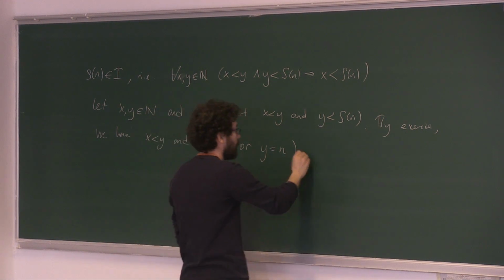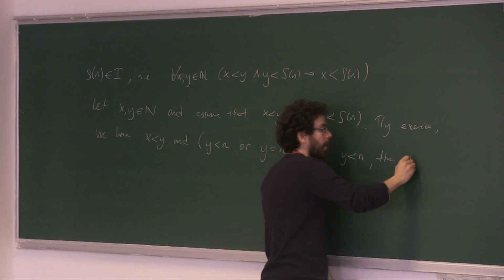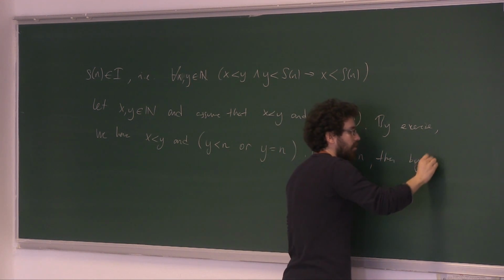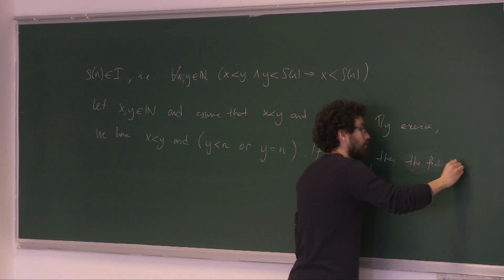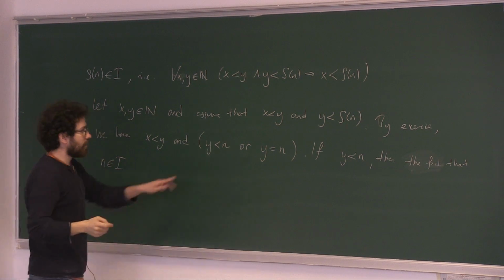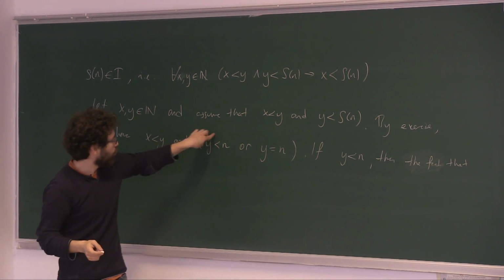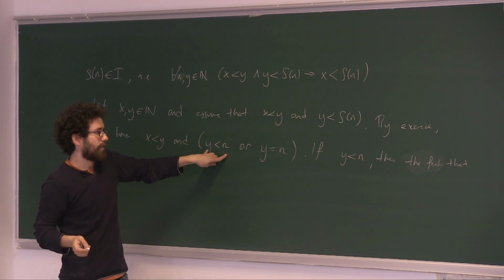Now, if y is strictly less than n, then by induction assumption, by the fact that n is in I, one of these happens. Let's assume that this one happens.